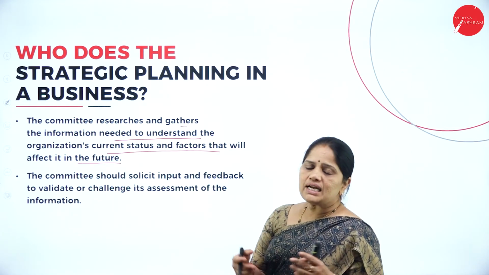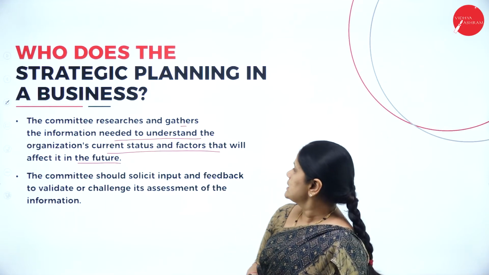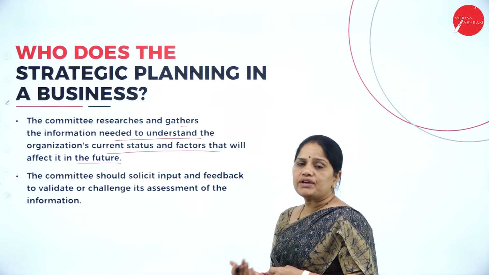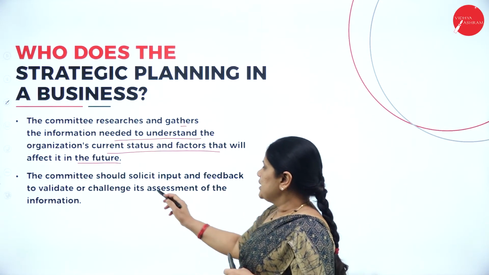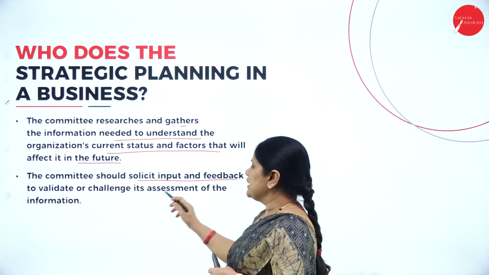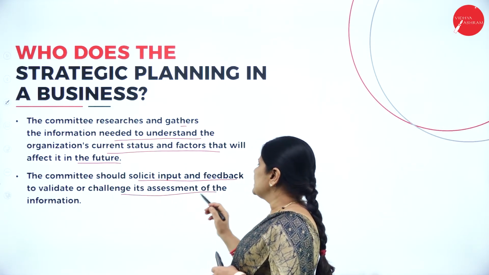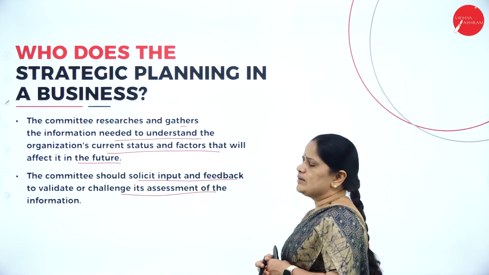To understand the organization's current status and the factors that will affect it in the future, the committee should solicit input and feedback to validate or challenge its assessment of the information.